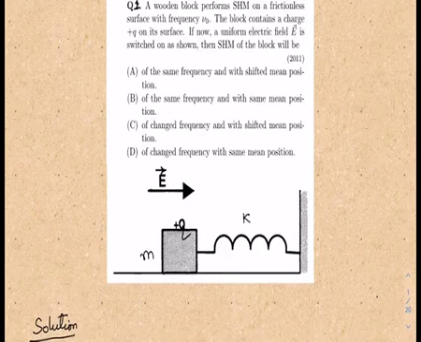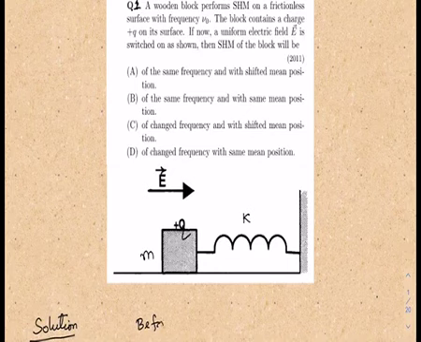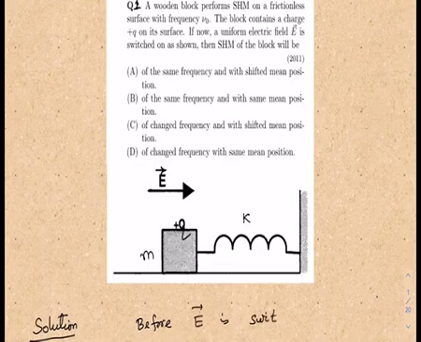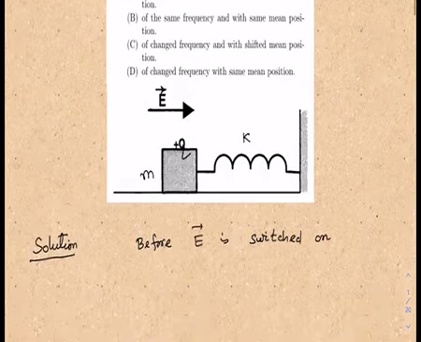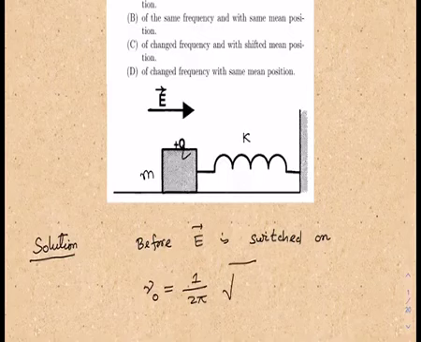Then, before the electric field E is switched on, that means in the absence of the electric field, the simple harmonic motion frequency is given by 1 by 2 pi root over k by m.